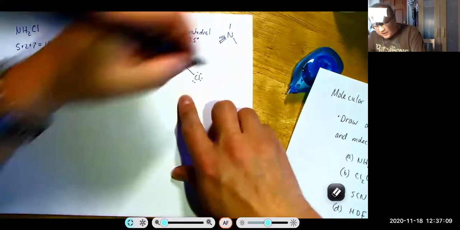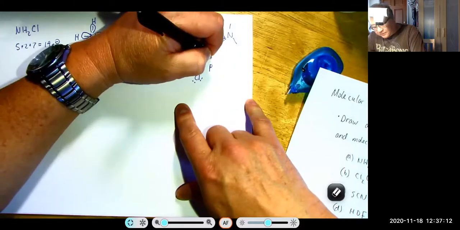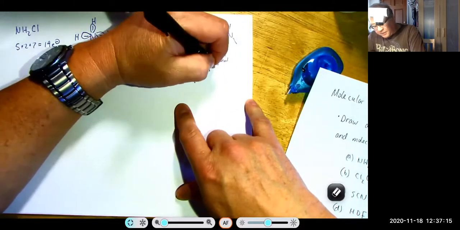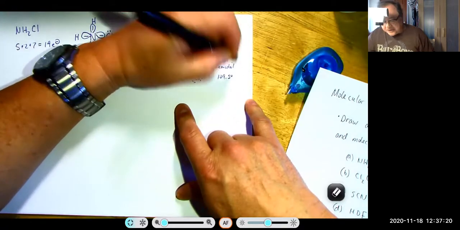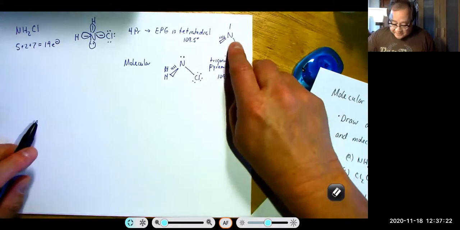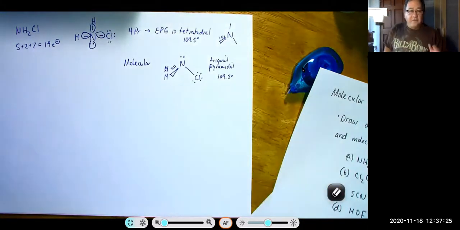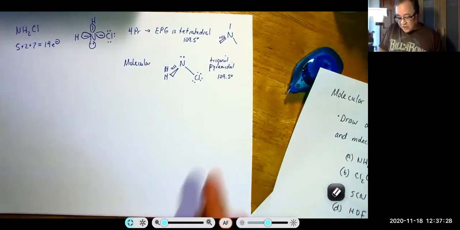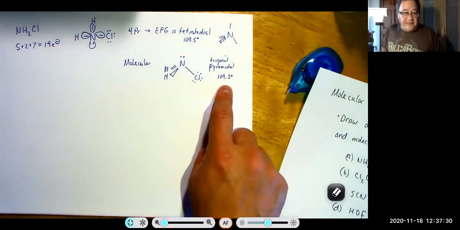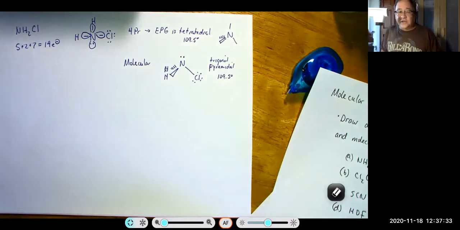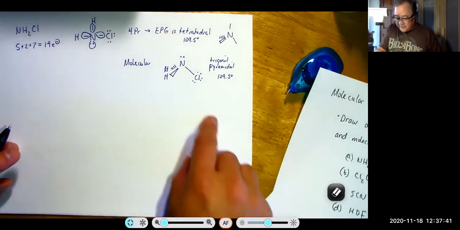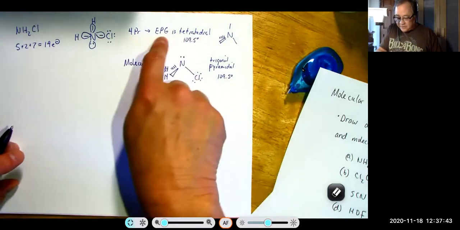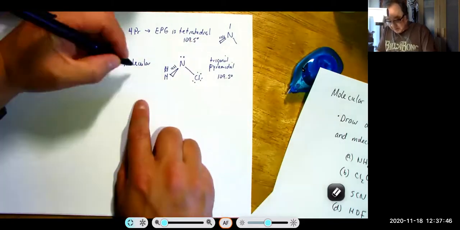Here, this is called trigonal pyramidal, and the angles are about 109.5, because the angles on the electron pair geometry are going to be the same as the angles on the molecular geometry for our guess. The bond angles are not 109.5. They're a little bit less than that, but 109.5 is a really, really good guess. So here we've described the electron pair geometry, and we've described the molecular geometry.